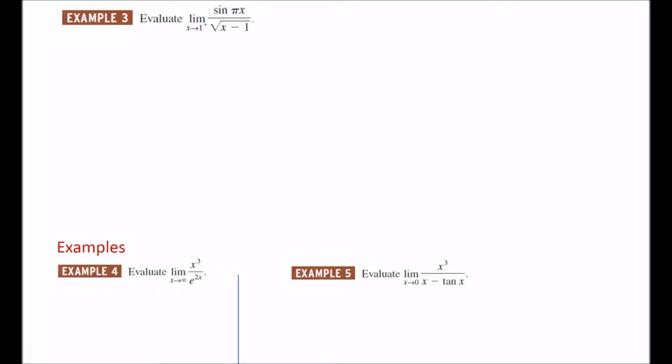Now we can go through example 3. Same thing, write down the question: the limit as x approaches 1 plus of sine pi x over square root of x minus 1. We check first: is it an indeterminate form? Sine pi over square root of 1 minus 1. Sine pi is 0, so it's an indeterminate form.